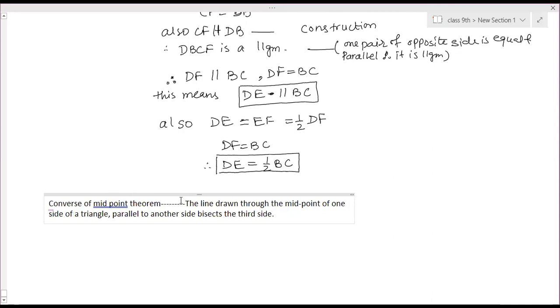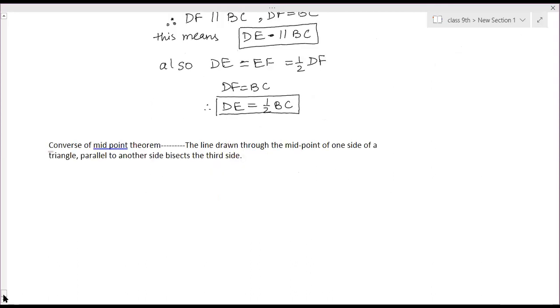If a line is drawn through the midpoint of one side and is parallel to the second side, then the end point of that parallel line will be the midpoint of the third side.